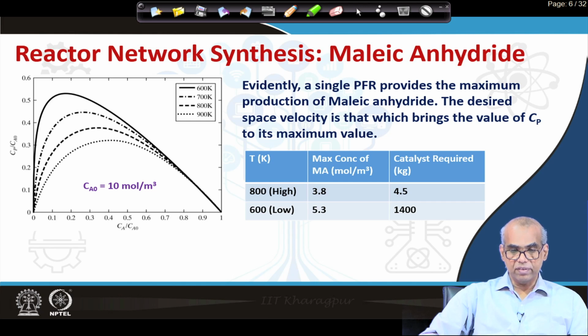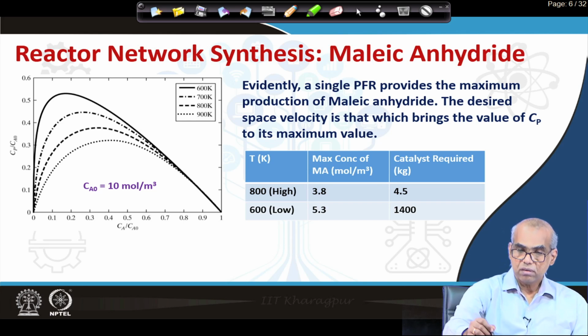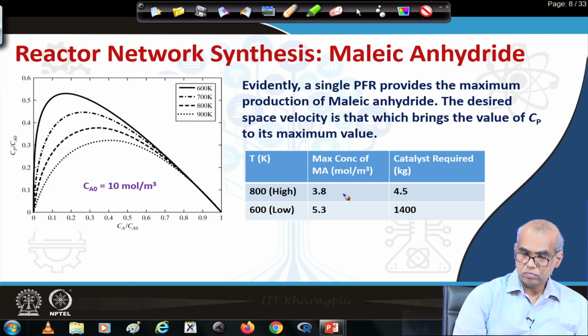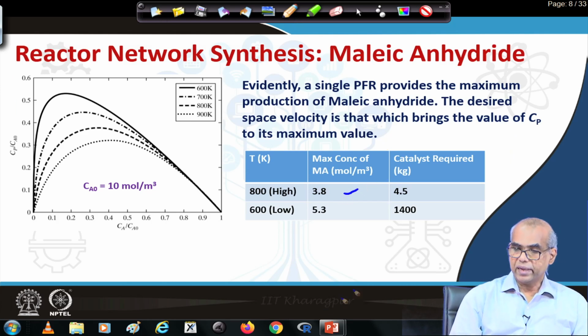For 800 Kelvin, the maximum concentration of maleic anhydride is 3.8 mole per meter cube and catalyst required is 4.5 kg. Whereas, at 600 Kelvin, the maximum concentration of maleic anhydride is 5.3 mole per meter cube, but catalyst required is very high, 1400 kg.